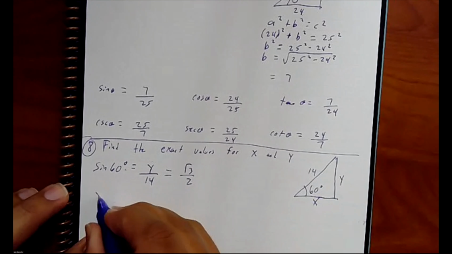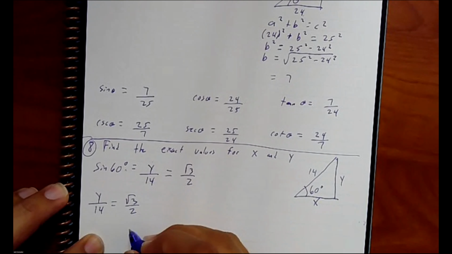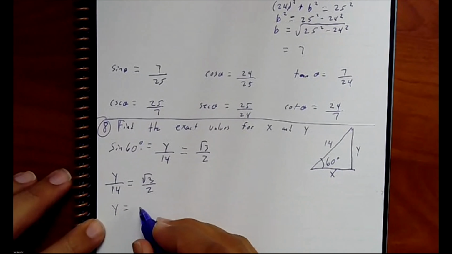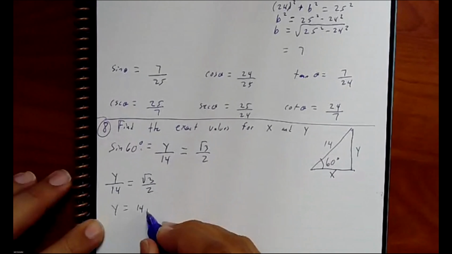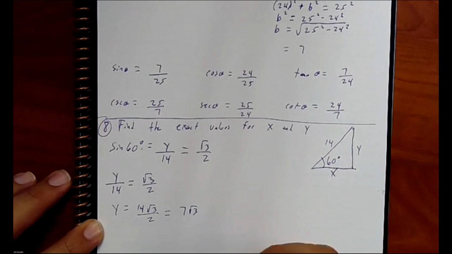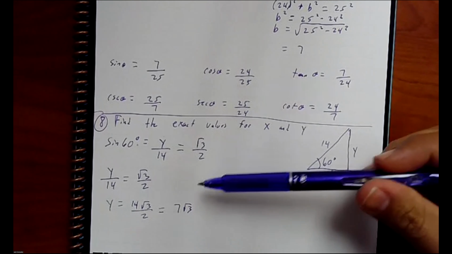So now you can solve for y. So y over 14 is equal to square root 3 over 2. Solve for y: multiply both sides by 14. That would give us 14 square root 3 over 2, which is 7 square root 3. You guys cool with the algebra that I skipped? Do you see how we solve for y?